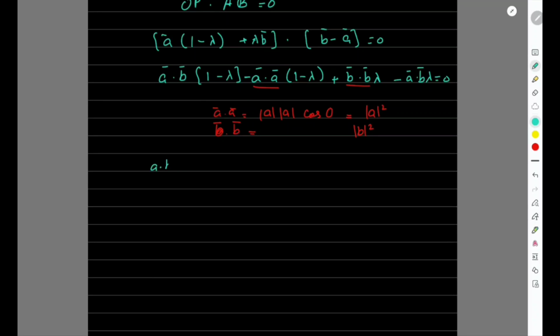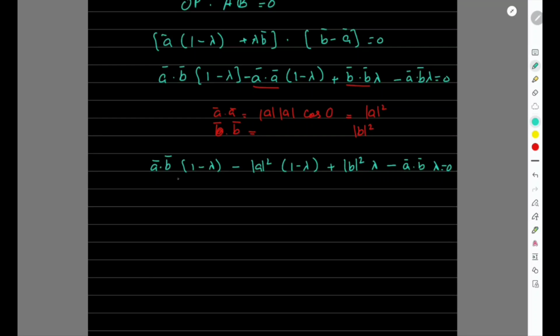So A dot B into 1 minus lambda, minus mod A square into 1 minus lambda, plus mod B square lambda, minus A dot B lambda is equal to 0.